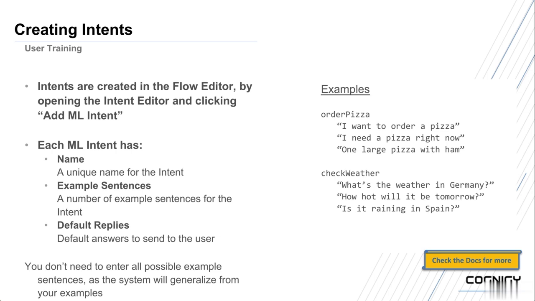Intents are created in the flow editor by opening the Intent Editor and clicking Add ML Intent. Each ML intent has a name, example sentences, and default replies. You don't need to enter all possible example sentences, as the system will generalize from your examples.